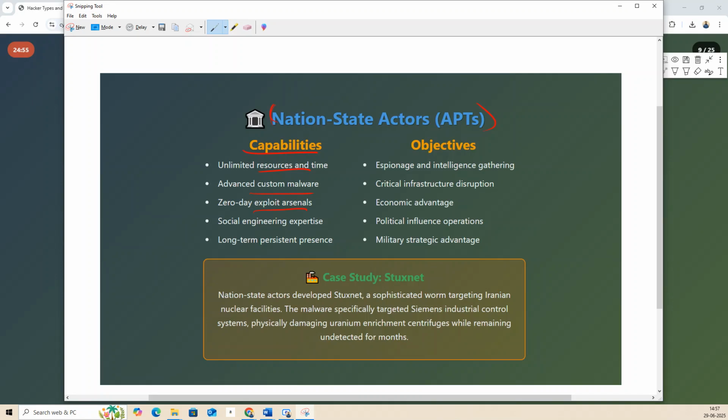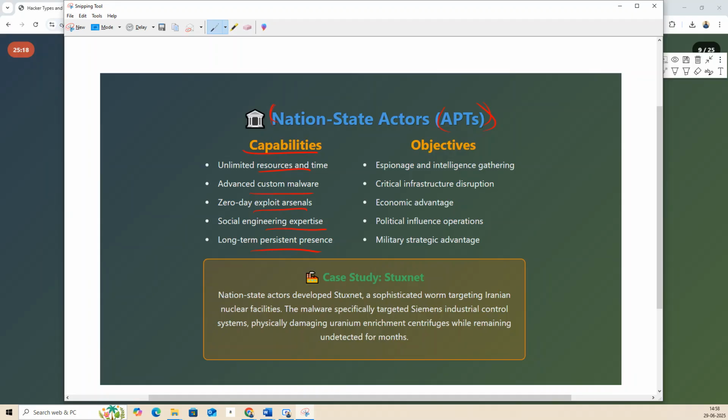Social engineering expertise that would make professional con artists jealous, and long term persistent presence. They can hide in your network for years without being detected. We call them APTs as well, advanced persistent threats.